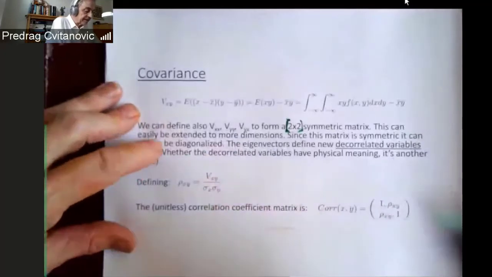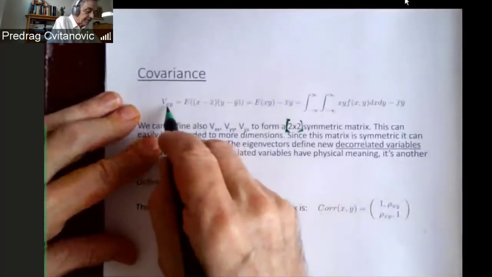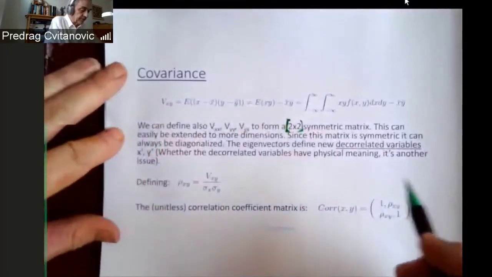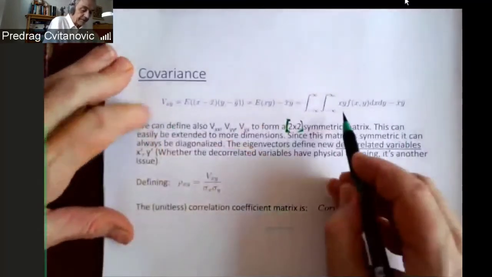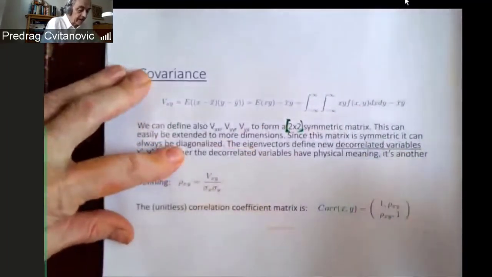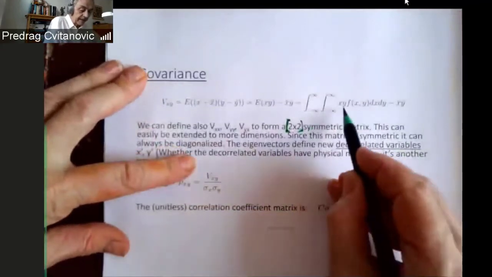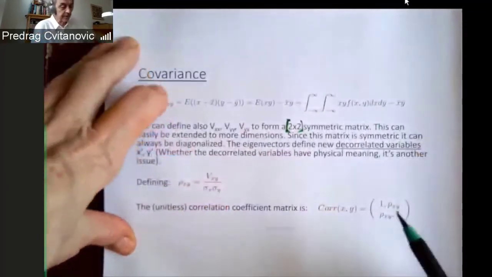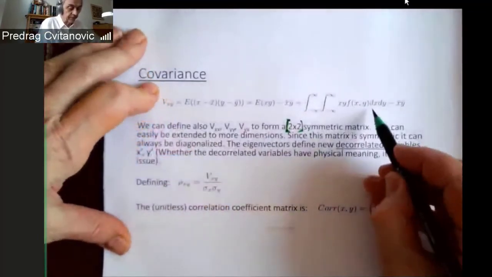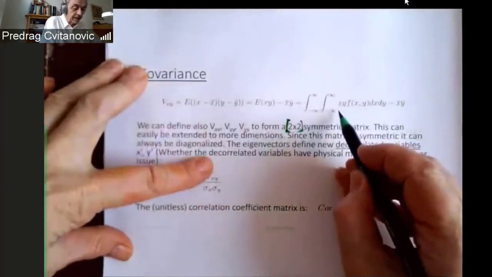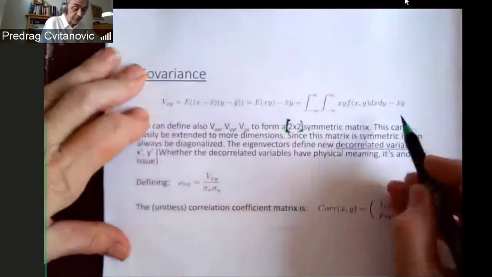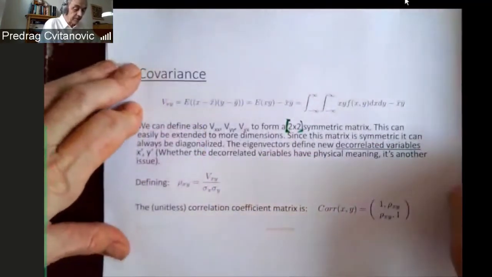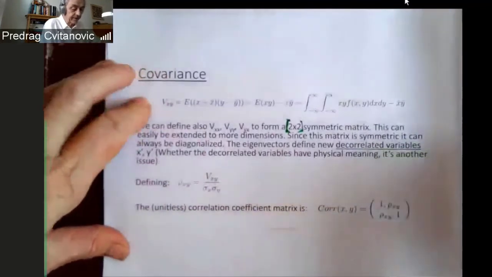If it's a discrete distribution, this is a matrix, but if x and y are continuous, this is a function of these 2 indices, but a symmetric variable, which you obtain by taking your probability distribution PDF for the two functions and measuring their product and subtracting the means in the usual way. This gives you new variables.